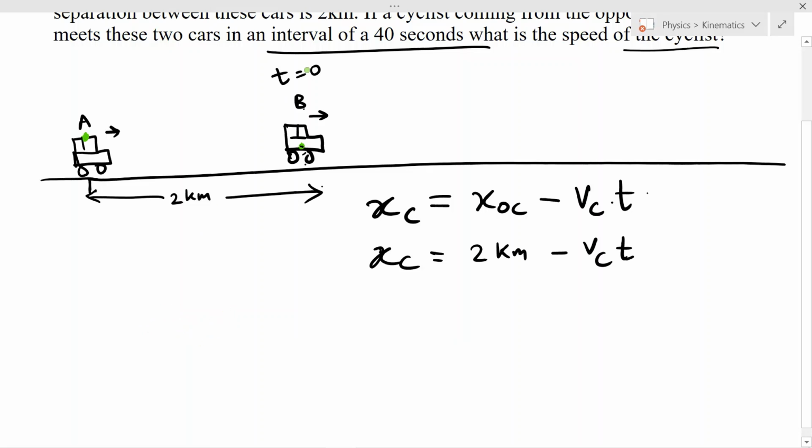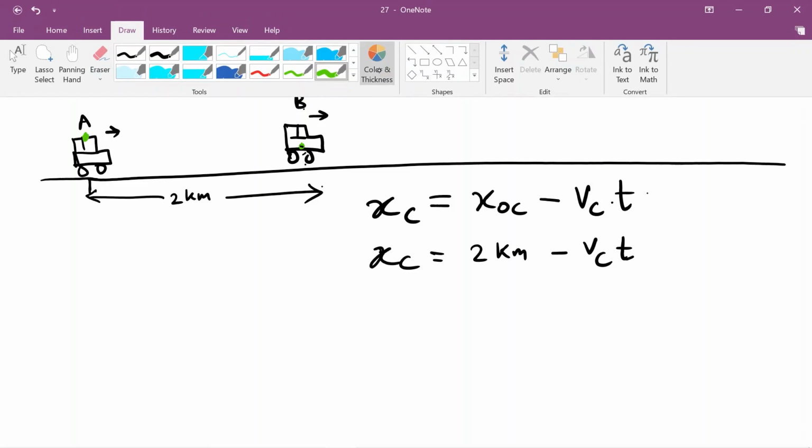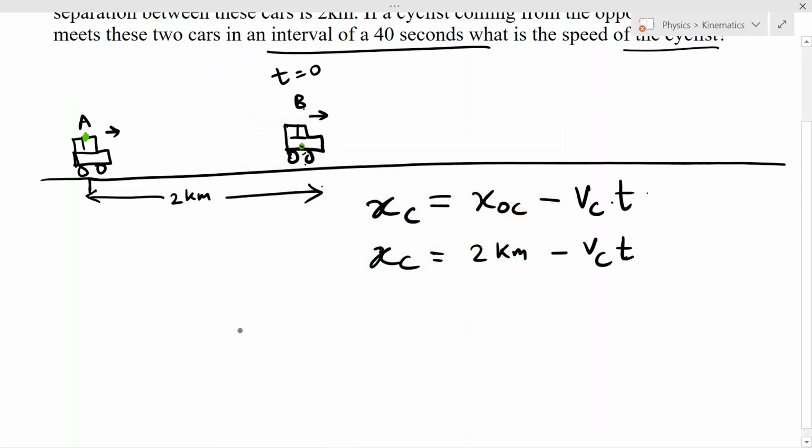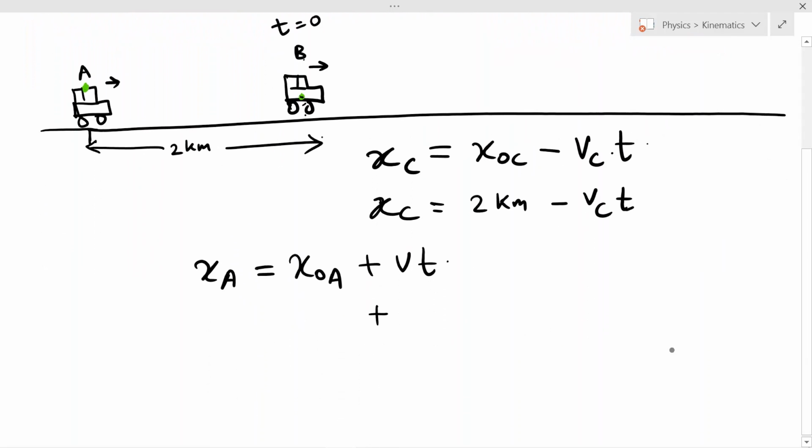Let me use a different color, the black one. Let's say XA is equal to X0A plus Vt, where we know that V is 40 meter per second.